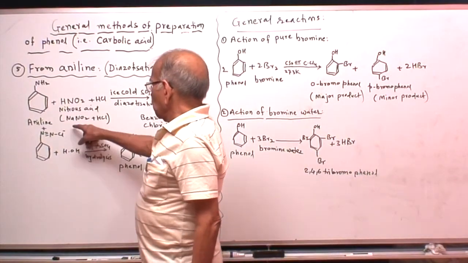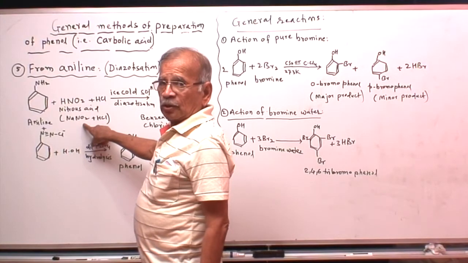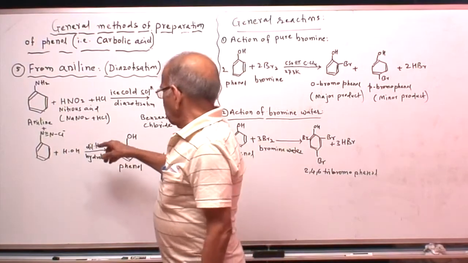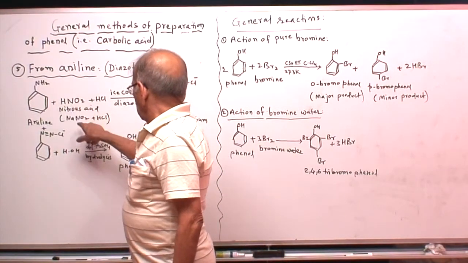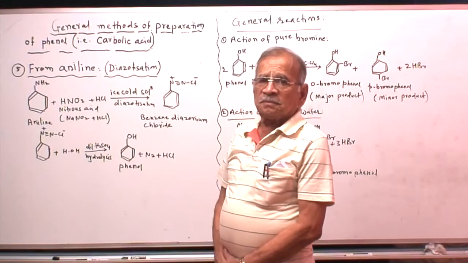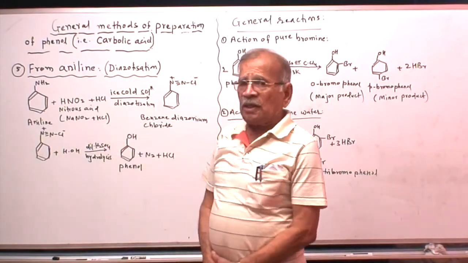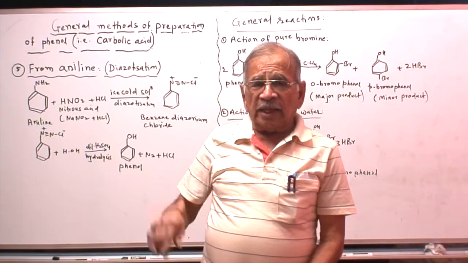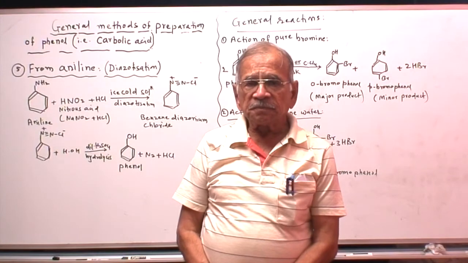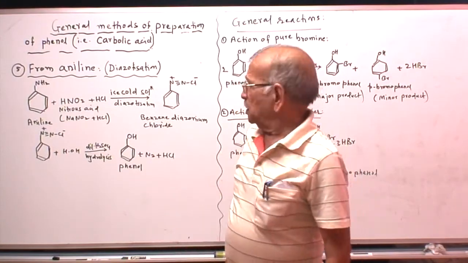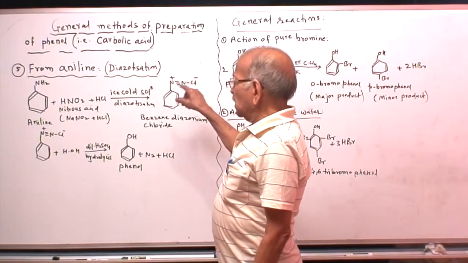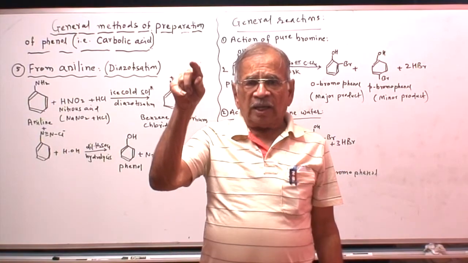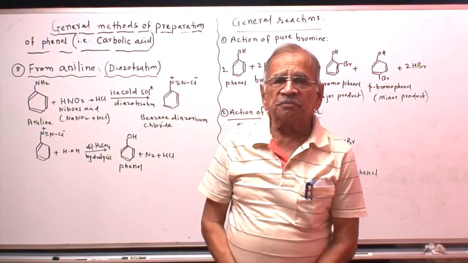Reaction with sodium nitrite NaNO2 plus dilute HCl gives HNO2 plus NaCl. Of course, plus one more molecule of HCl in ice cold solution. That NH2 group of aniline is converted into benzene diazonium chloride, aromatic ring with N2Cl on its top, or N positive triple bond N, Cl negative.